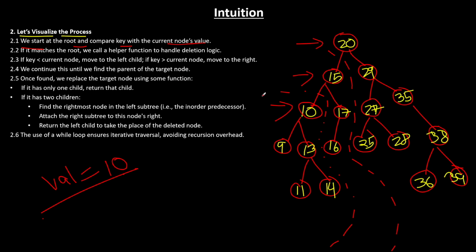Now you have two things to be done. If you remove 10 from here, let me remove 10. The left of 10 was 9 and the right-hand side was 13. What you could do is place 9 here, like this. You connect 15 with 9 on the left-hand side, which is correct, and the left side is null, the right subtree could be 13.